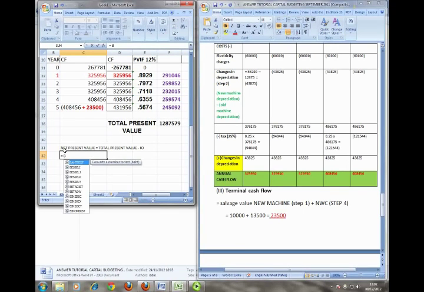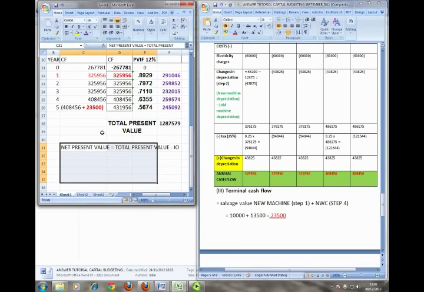No. You need to calculate: total present value 1,287,579, minus your IO.